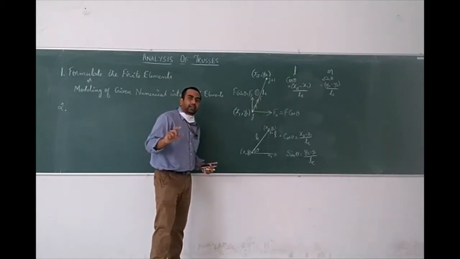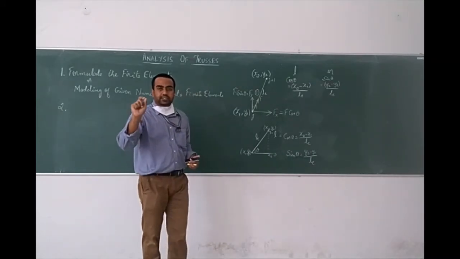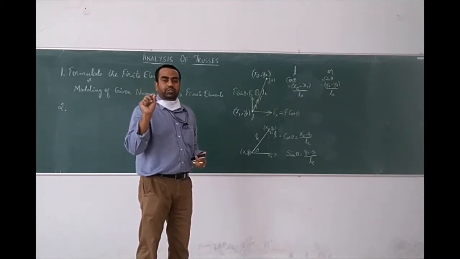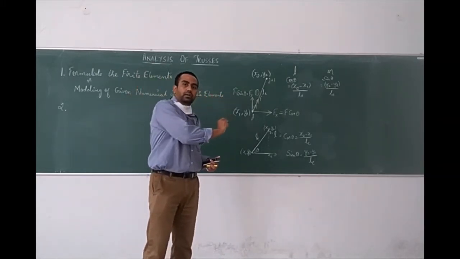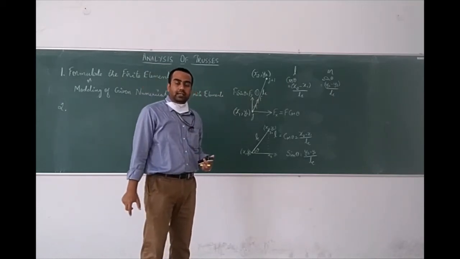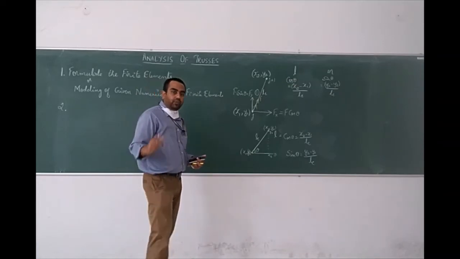Now, how do we calculate the length of the element? L suffix e, how is it calculated from the given coordinate values? Coordinate values are x1, y1 and x2, y2. From these coordinate values, how do we calculate the length of the element?